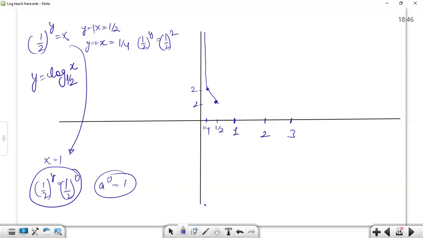Then y is equal to 0. Are you able to understand this? Great then. So y will be 0 here, x is 1 here, so the point is (1, 0). So the graph will meet this, and similarly we can draw the remaining graph like this.